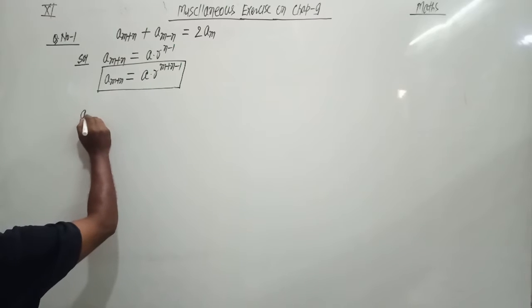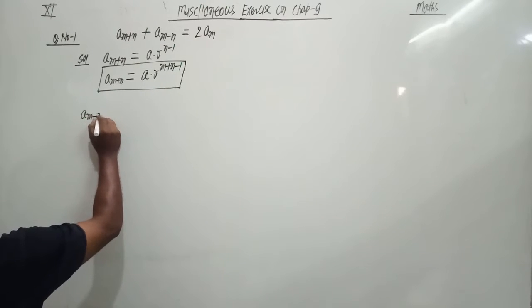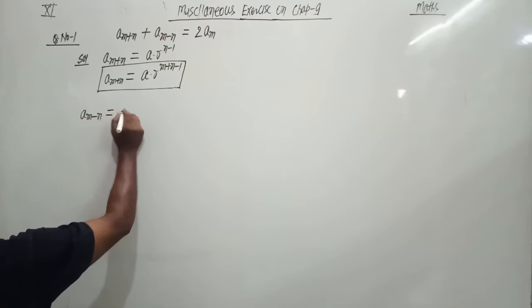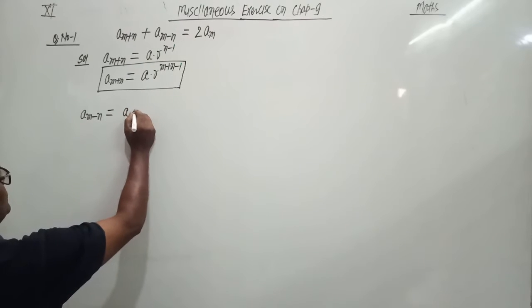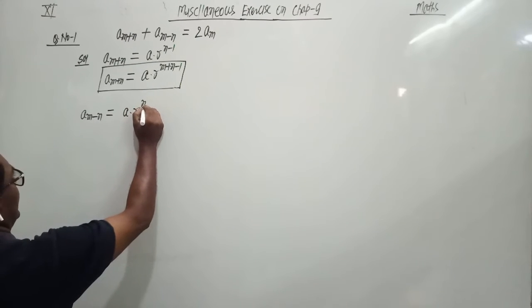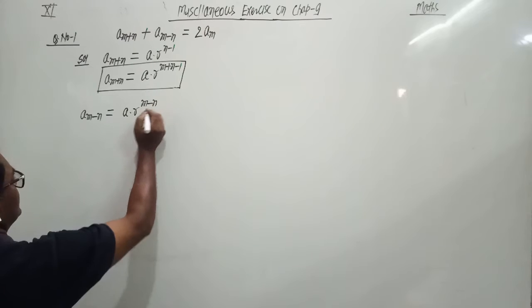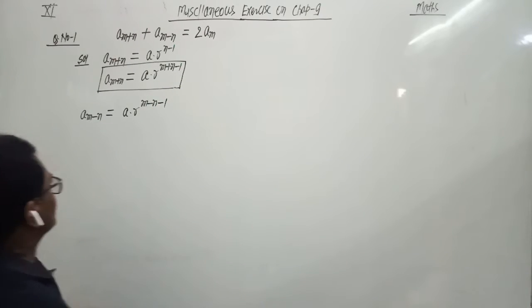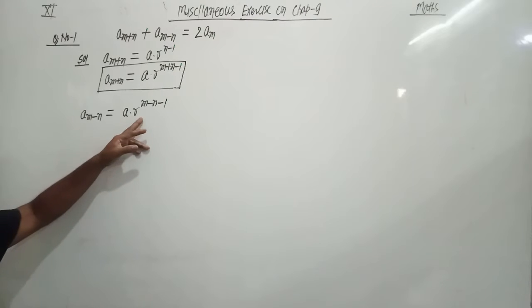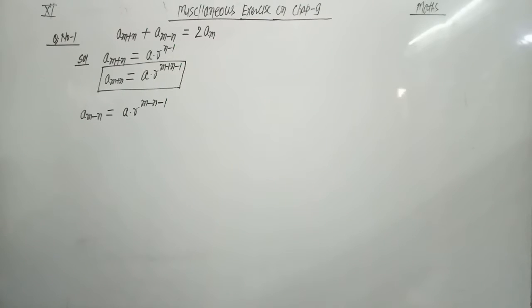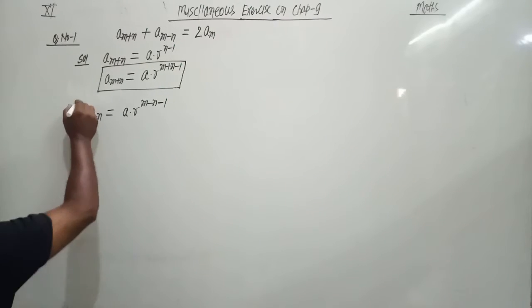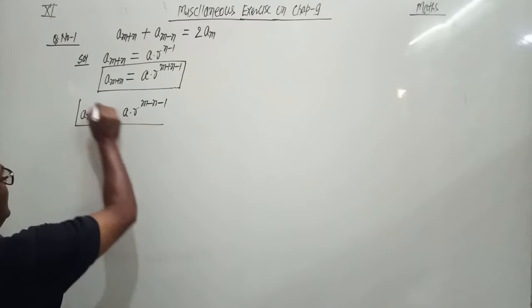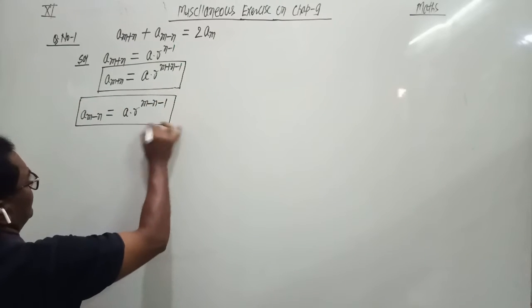Then we find the m minus nth term, a into r raised to the power n minus 1, where the value of n is m minus n. So a into r raised to the power m minus n minus 1. This is the m minus nth term.